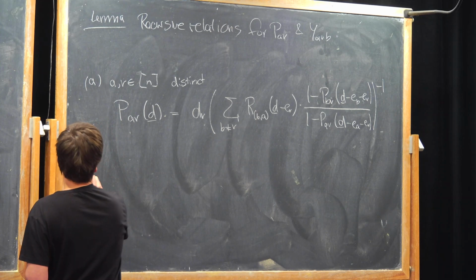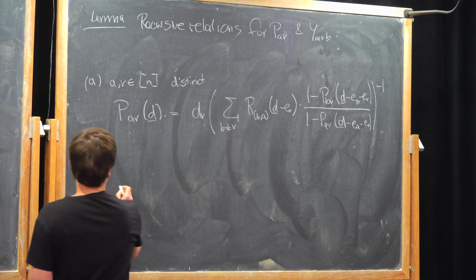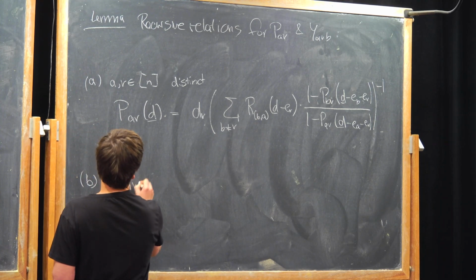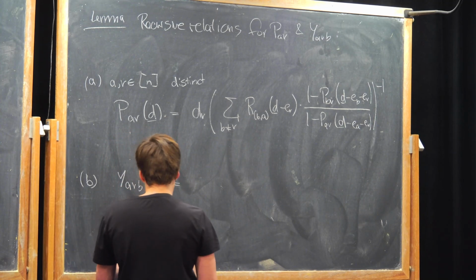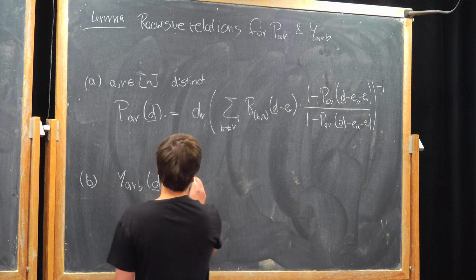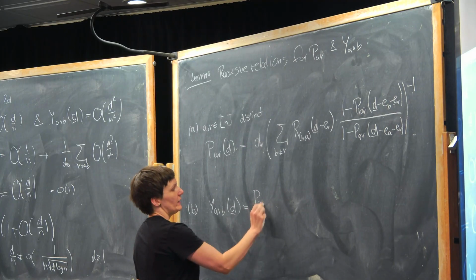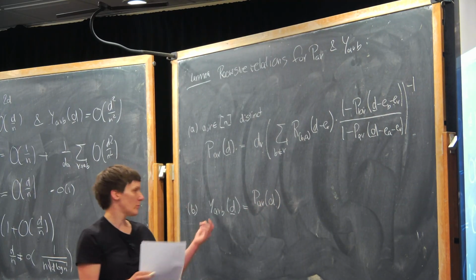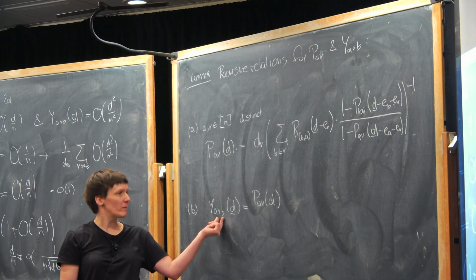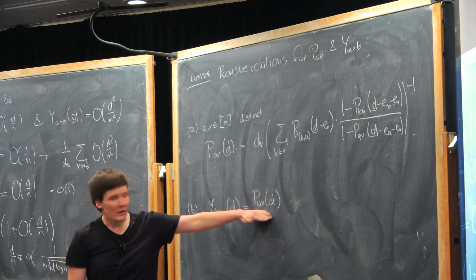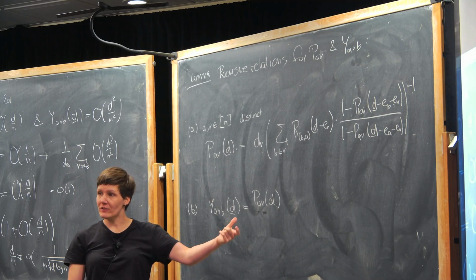And the second one is that YAVB of a sequence D is equal to, that one looks a little bit simpler, the PAV of D, right? I mean, I want the probability that there is an edge between AV and an edge between VB. So I have the probability that I have an edge.